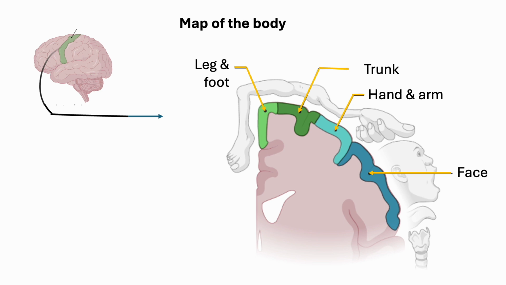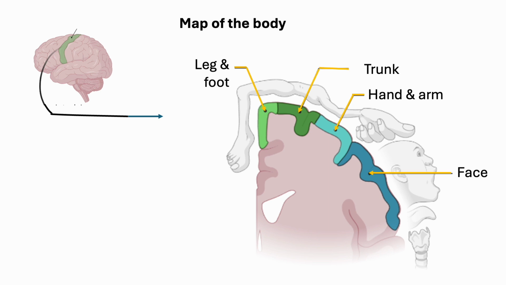Just as the hand sent its signals to a specific part of the somatosensory cortex, so does each part of the body. The signals are organised so all the signals, say from the face, are sent to the same region of the brain.